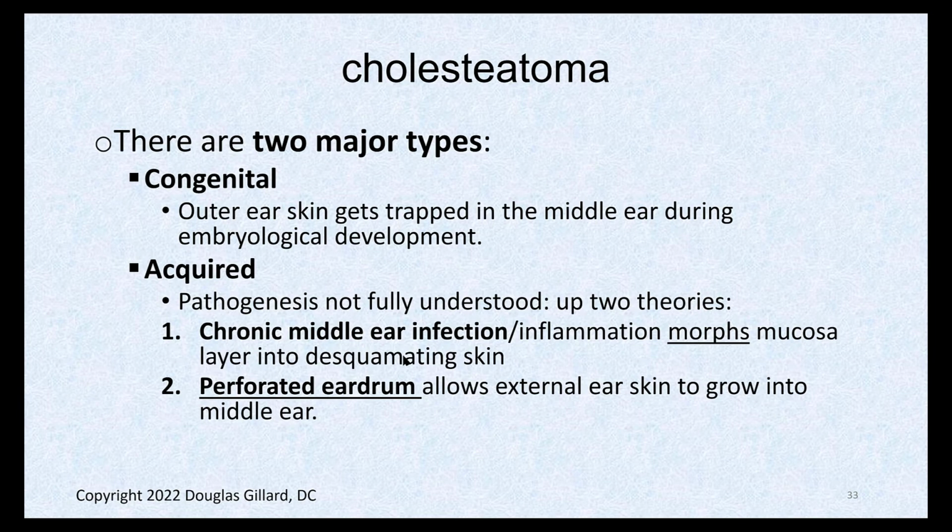And with the sequelae of the inflammation over and over and over, the native mucosal layer morphs into a regular type of skin, which is maybe better adapted. So it's kind of like a metaplasia in a way. Okay, so that's one theory. Chronic inflammation morphs the mucous membrane into skin.